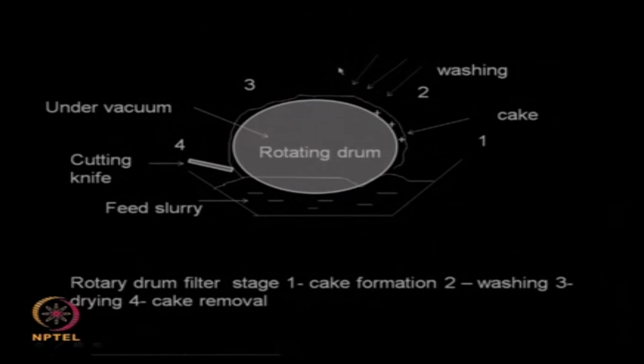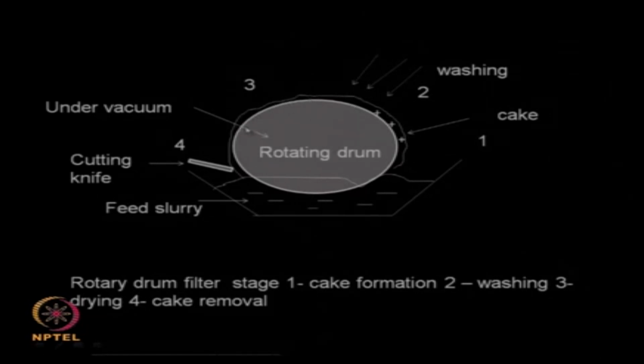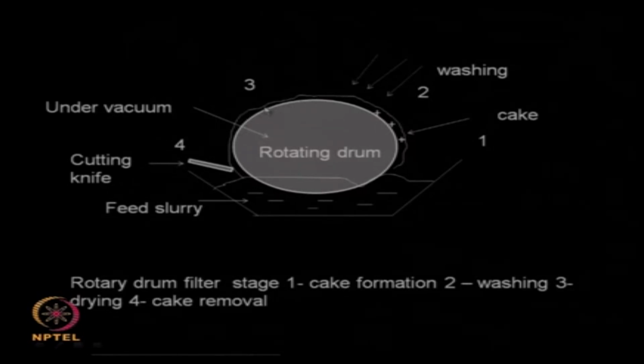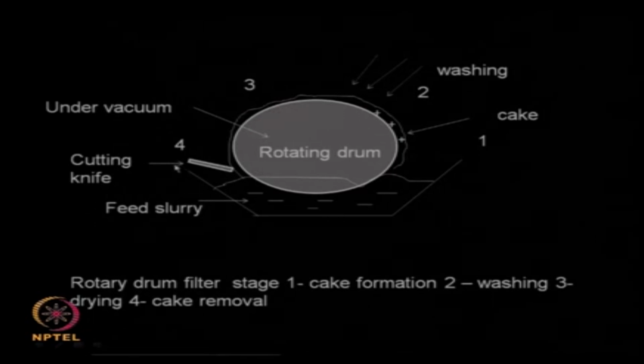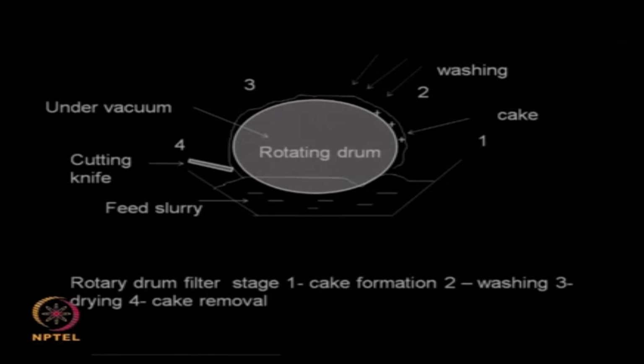Then here you are doing the washing using water or any solvent. Once again the washing liquid gets sucked inside. This is the drying stage where the wet solid will slowly lose its wetness, because the liquid that is stuck to the solids gets sucked in, and finally here you have a cutting knife and the cake is scraped out and collected, and again the drum is empty and it dips inside the slurry tank.